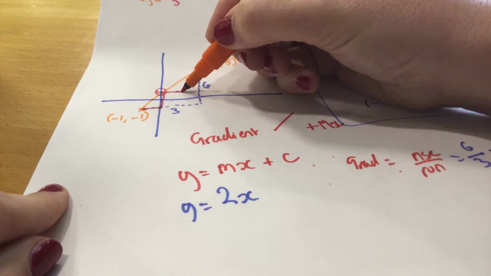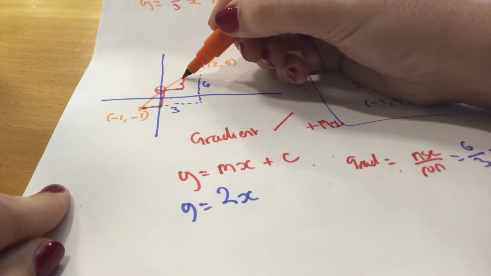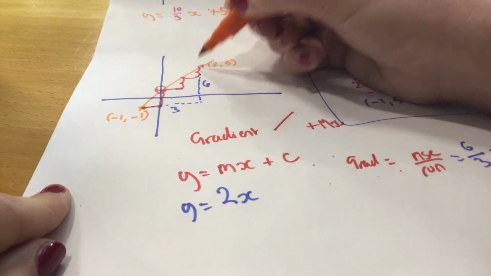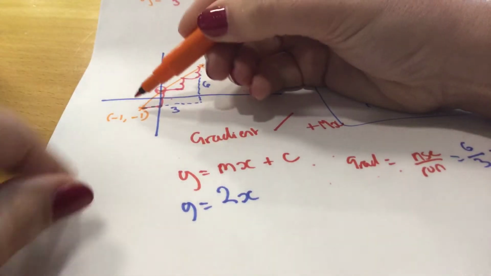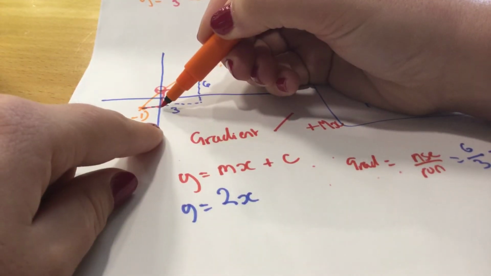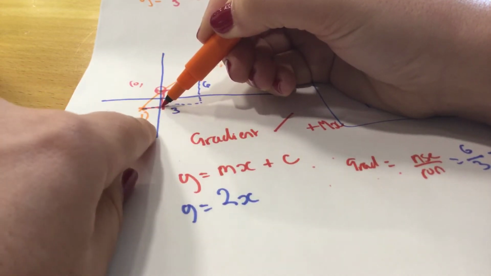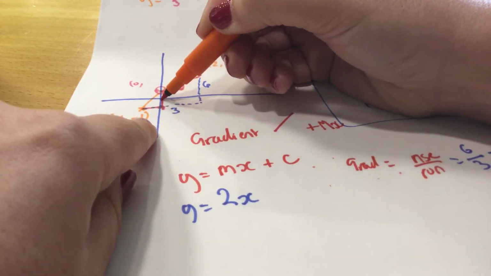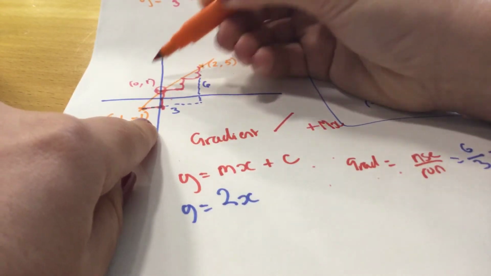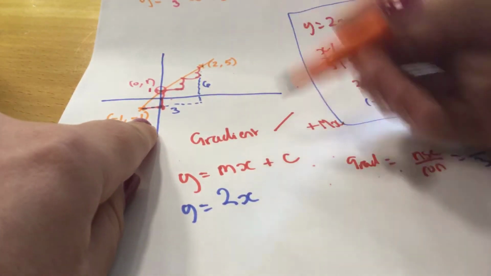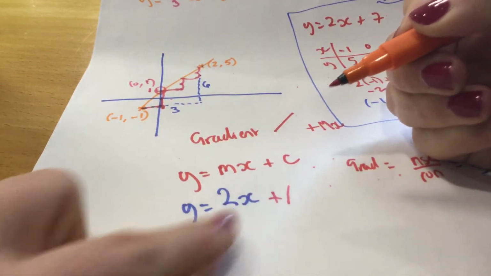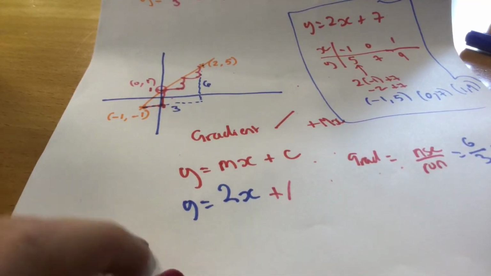For every 1 you go across, you come up 2. That's what a gradient is. So if I come 1 across, that puts me at the coordinate 0, which is what I wanted, and then I need to go up 2. So up 1 would be 0, up another 1 would be 1. So that would take me to 0, 1. That means that point there is 1. So the equation of my line is plus 1.